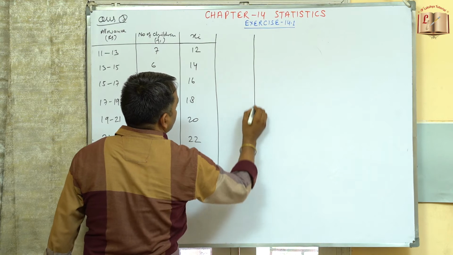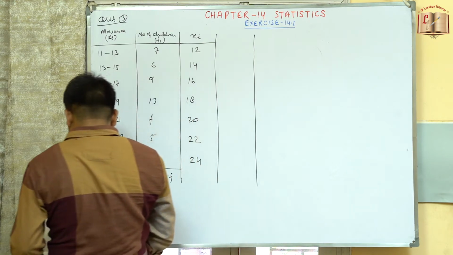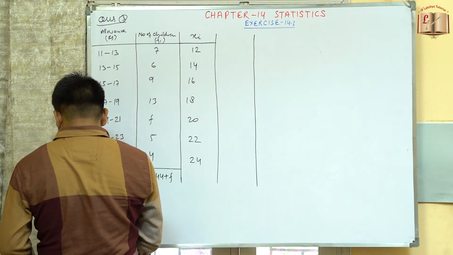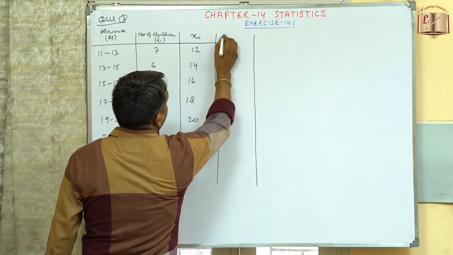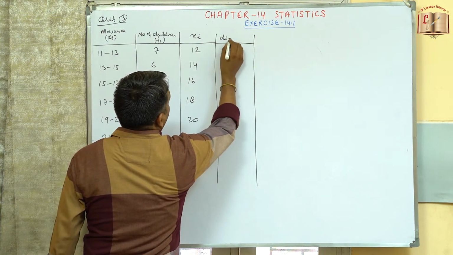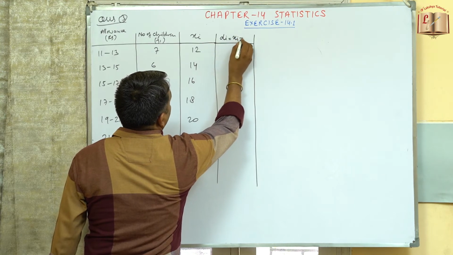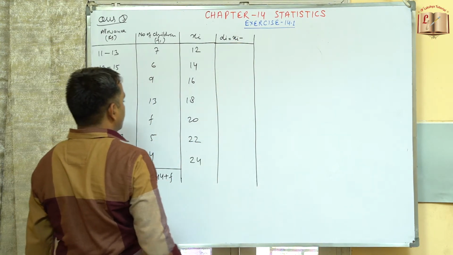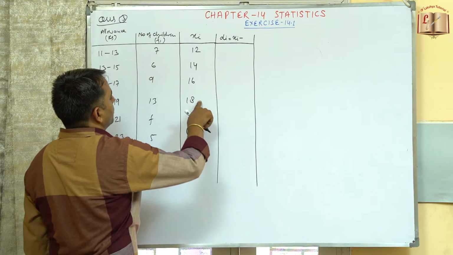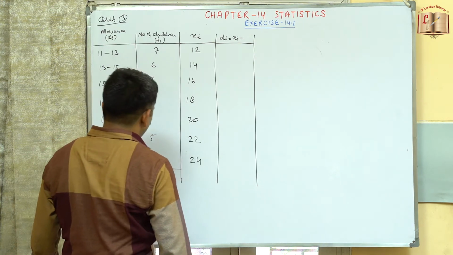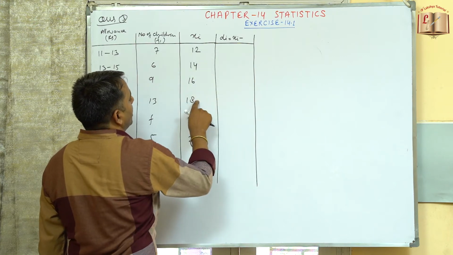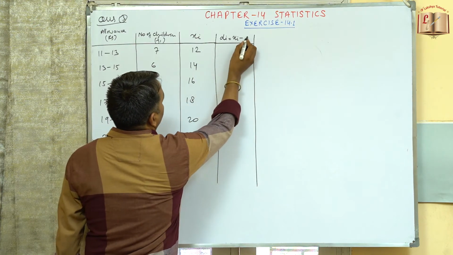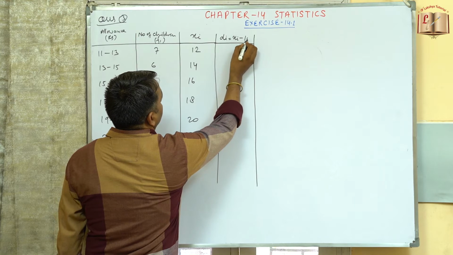And from here we will calculate this di. So di will be xi minus, we can take the mid value. So from here the mid value can be taken, leaving 3 here and leaving 3, so mid value is this 18. So assumed mean A is 18.